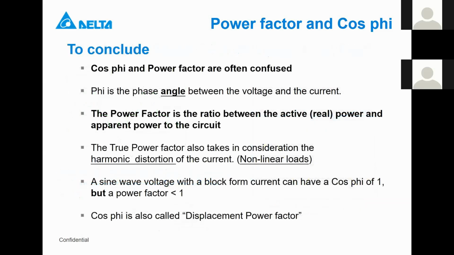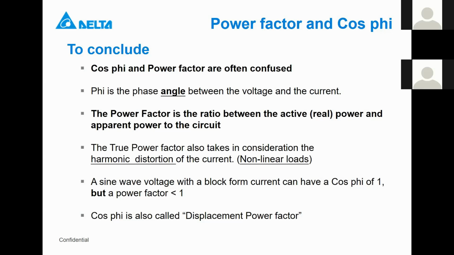So, a small conclusion: cosinus phi and power factor are often confused. Phi is the phase angle between the voltage and the current, so the cosinus phi is only related to that angle. The power factor is the ratio between the active, the real power, and the apparent power in the circuit.